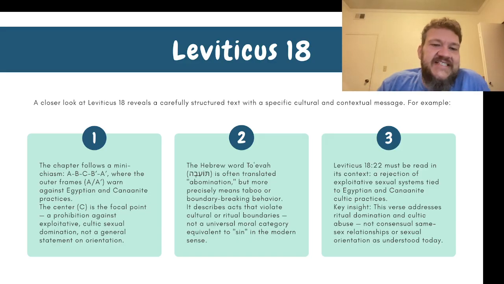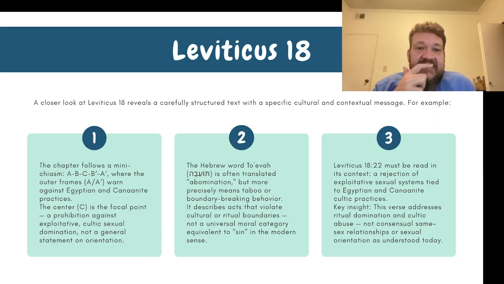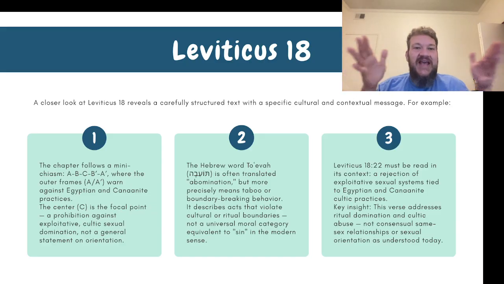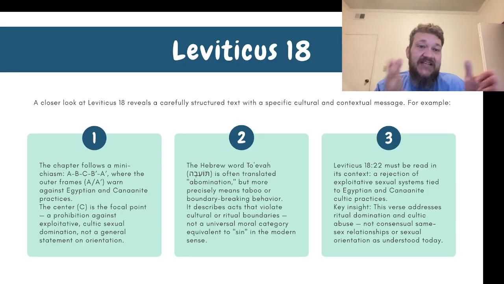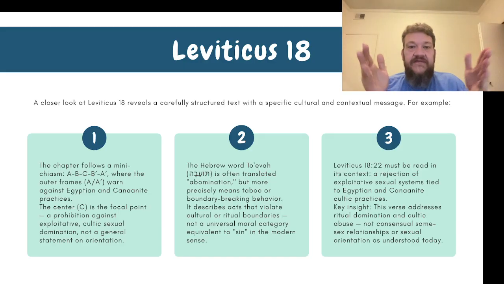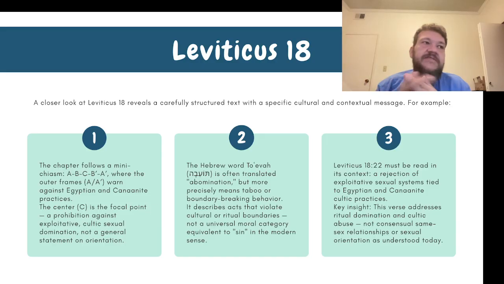And in Leviticus 18, the answer is ritual and cultural, meaning specific to the Jewish culture. Leviticus 18 sits in the middle of the Holiness Code, the identity-forming center of the book, and its purpose was to mark off Israel, in this case with chapter 18, specifically from the sexual systems of the Egyptians and the Canaanites.